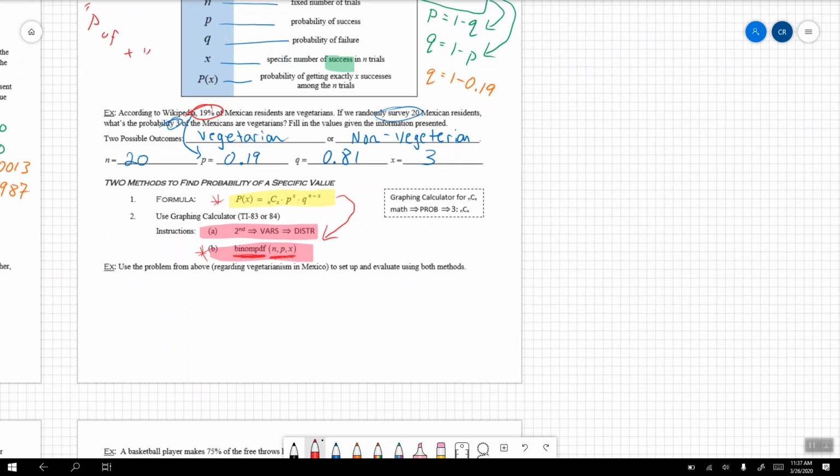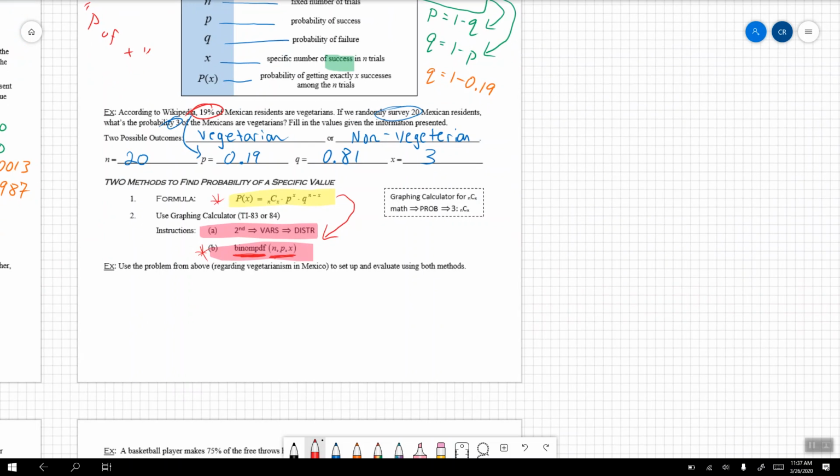So let's look at the problem here that says use the problem from above to set up and evaluate using both methods. The first method is just for completeness's sake. I'm going to write on here method 1.